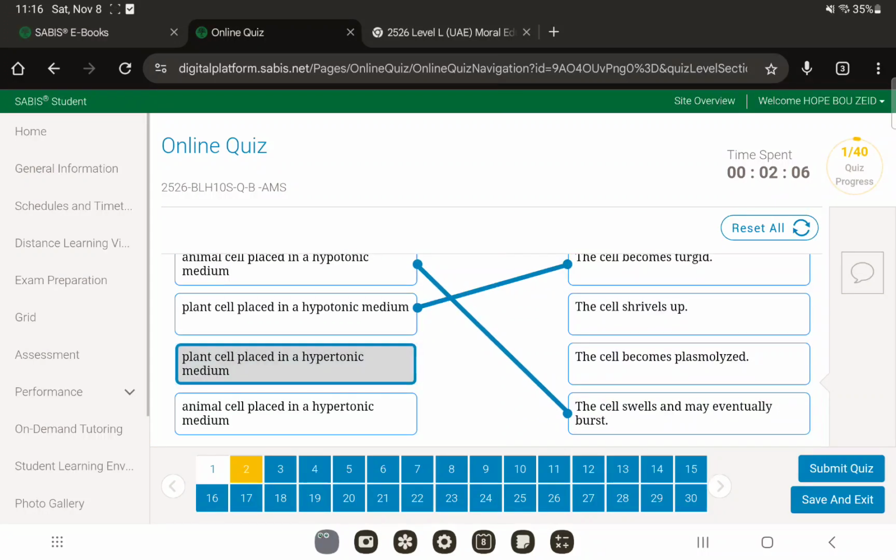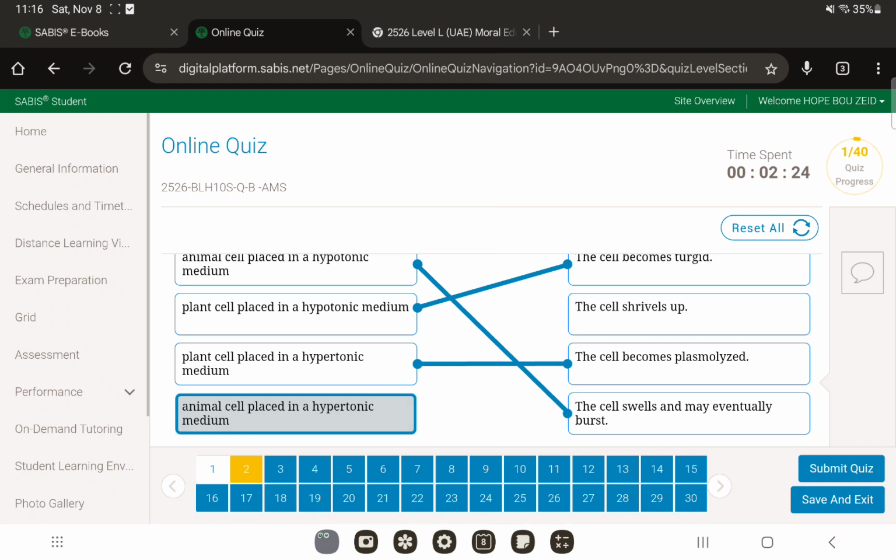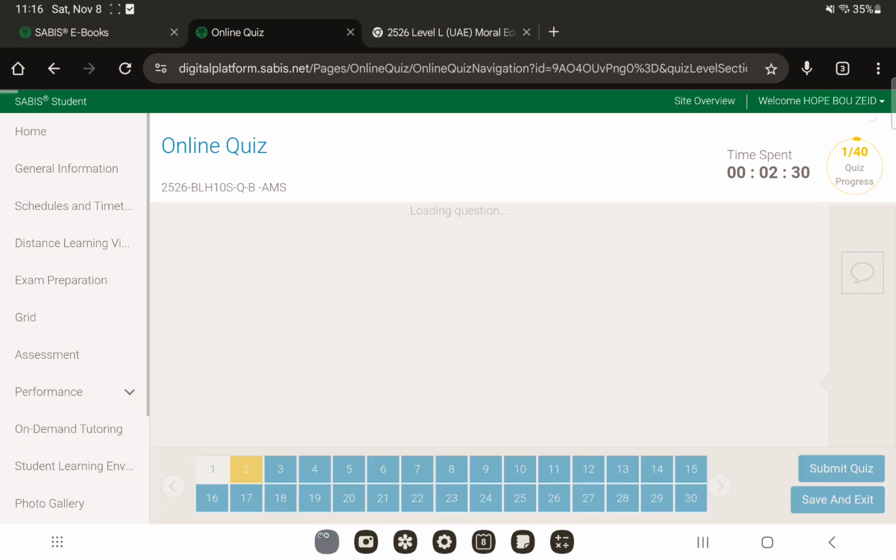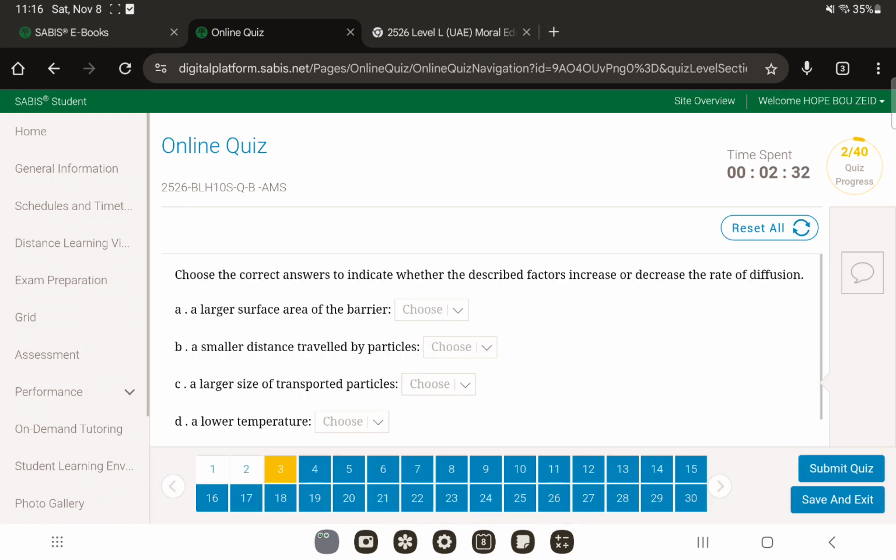And then the plant cell placed in a hypertonic medium will become plasmolized, so it will lose a lot of water to the medium outside, and it will become plasmolized. That's just the word for it. And then animal cell in a hypertonic medium will shrivel up, and it can even die because it is giving the medium all of its water.